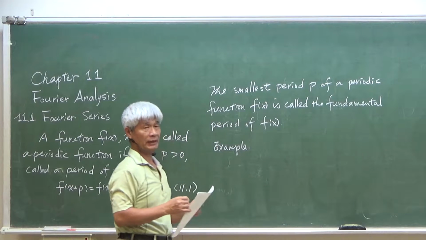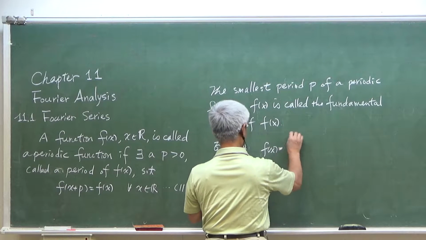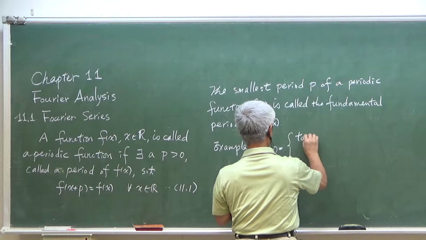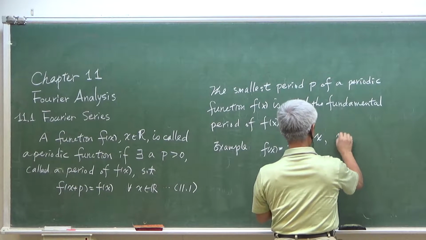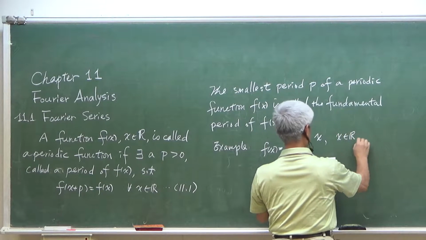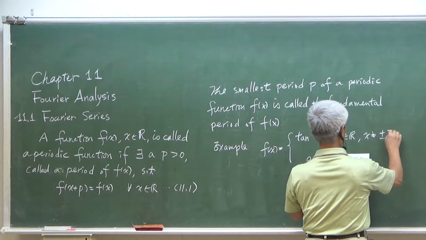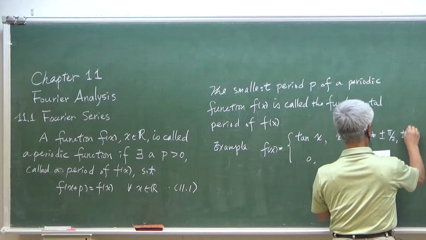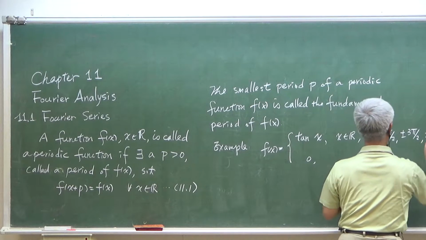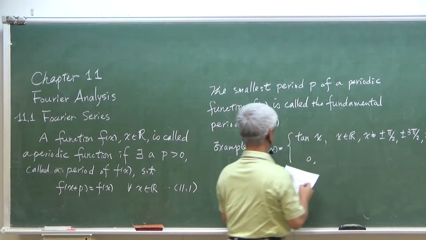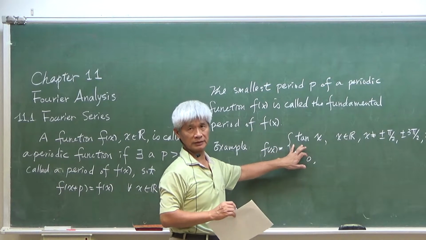There are infinitely many periodic functions. So let me define the function. f of x is basically the tangent function.